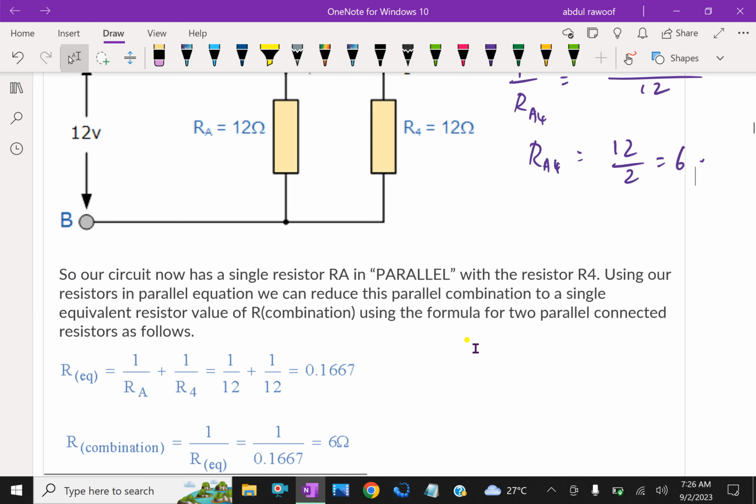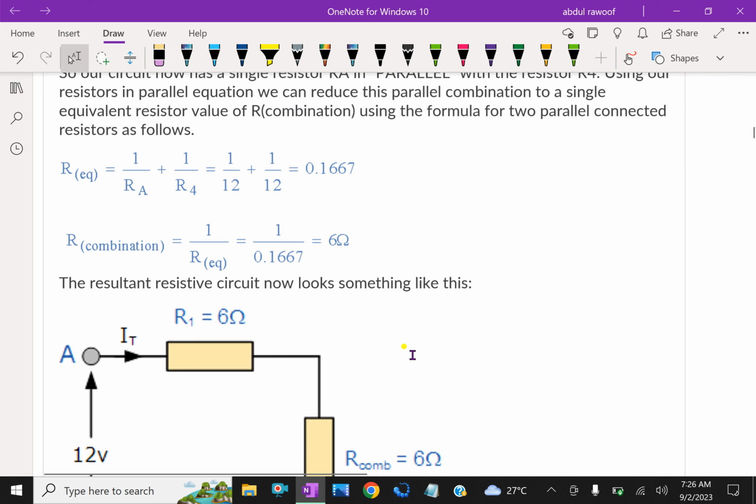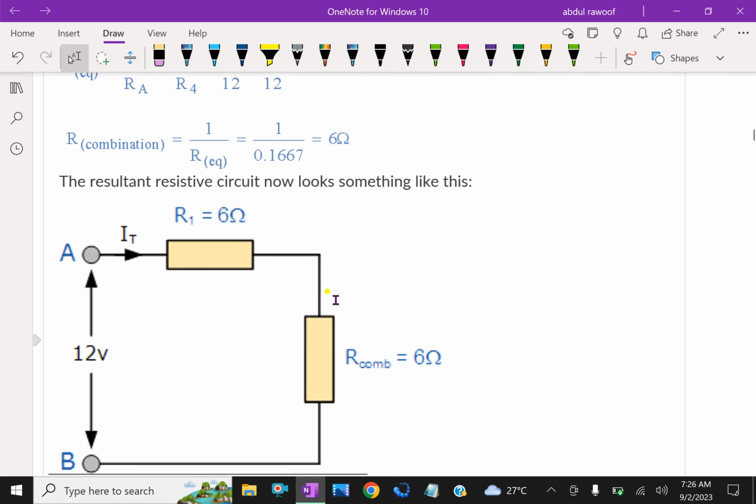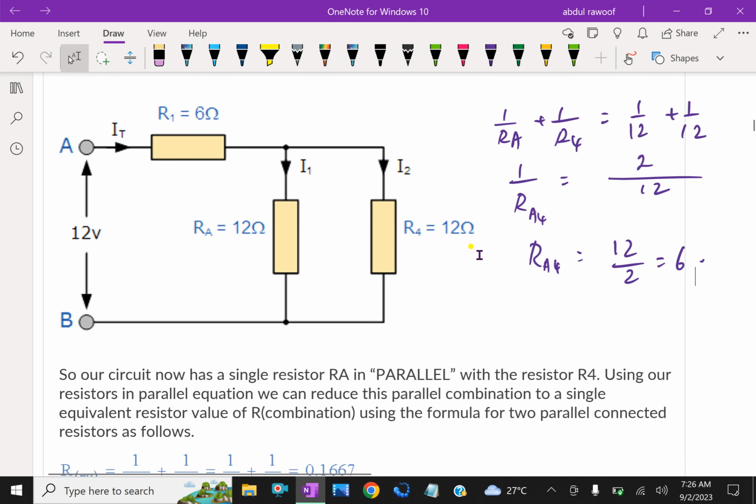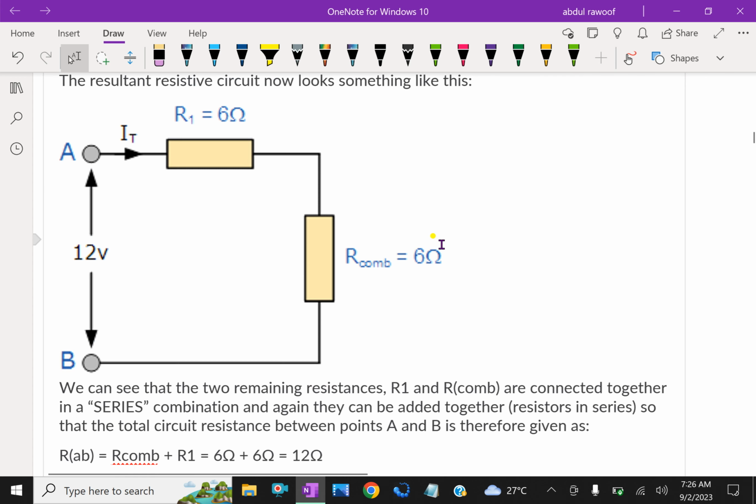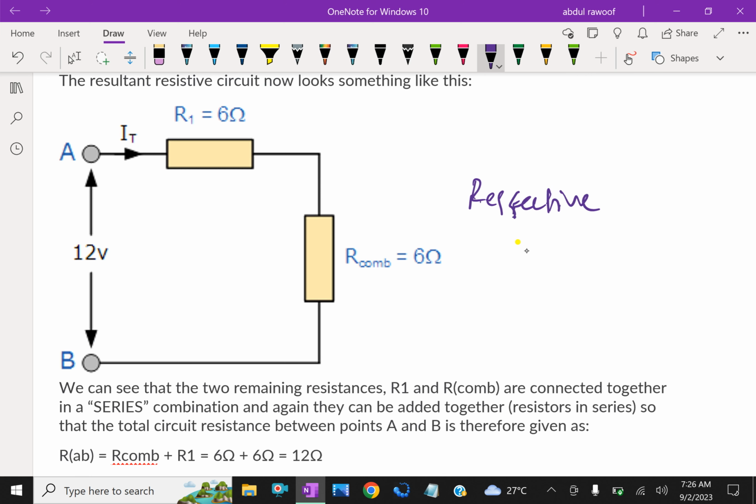This 6 ohm and this 6 ohm together are in series. So the final answer, resistance effective, is 6 plus 6, 12 ohm.